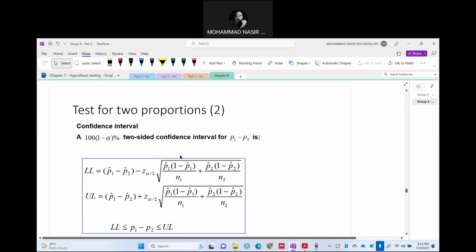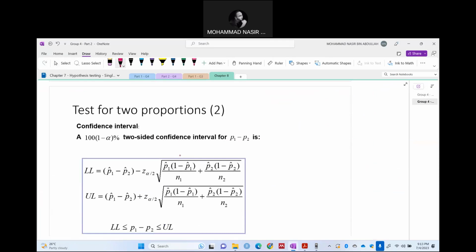Then the confidence interval: proportion number 1 minus proportion number 2, plus or minus the critical value multiplied by the standard error, which is the square root of P1 Q1 divided by N1 plus P2 Q2 divided by N2.